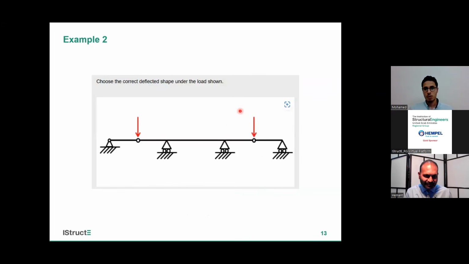Second question. It's very important to know how to draw the deflected shape, as we will have many of them in the exam, maybe 3 or 4.